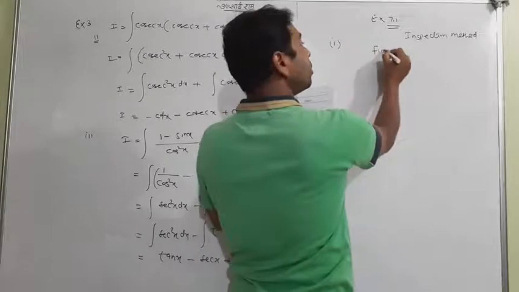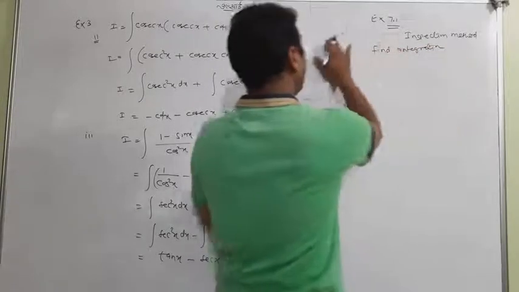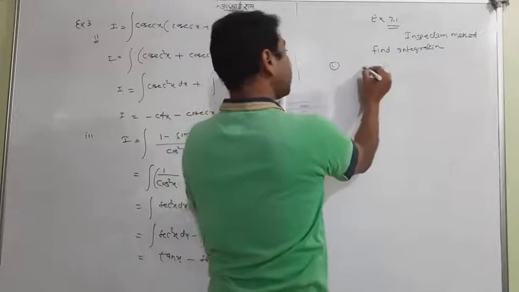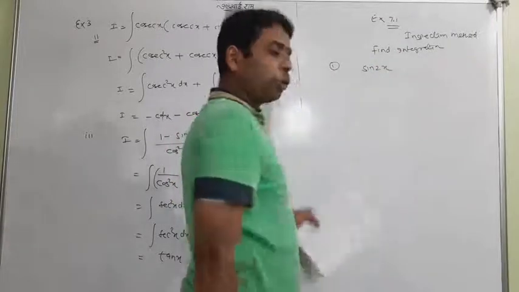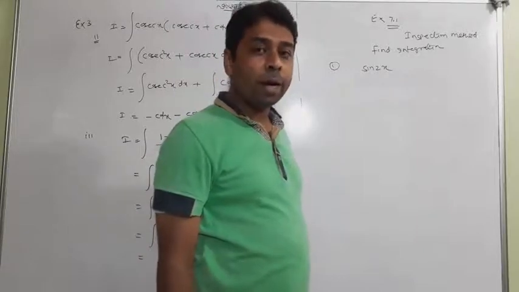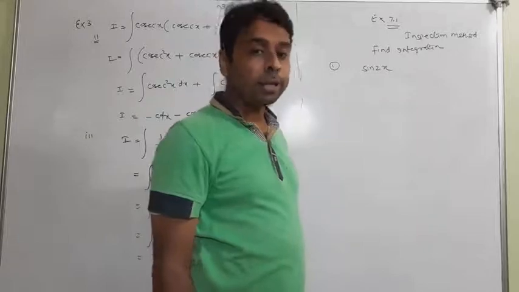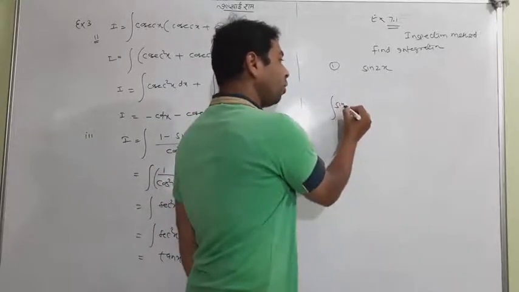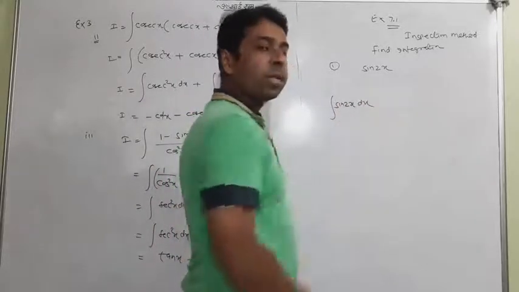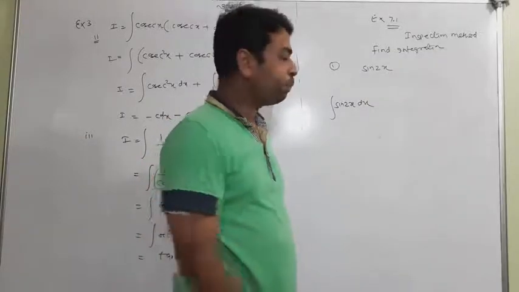Like if the question is asking, by the inspection method, find the integration of, suppose, sin 2x. So the question is asking what is the integration of sin 2x. If you remember the formula I taught you yesterday, how to find the integration of sin 2x. Just carry yesterday's knowledge.